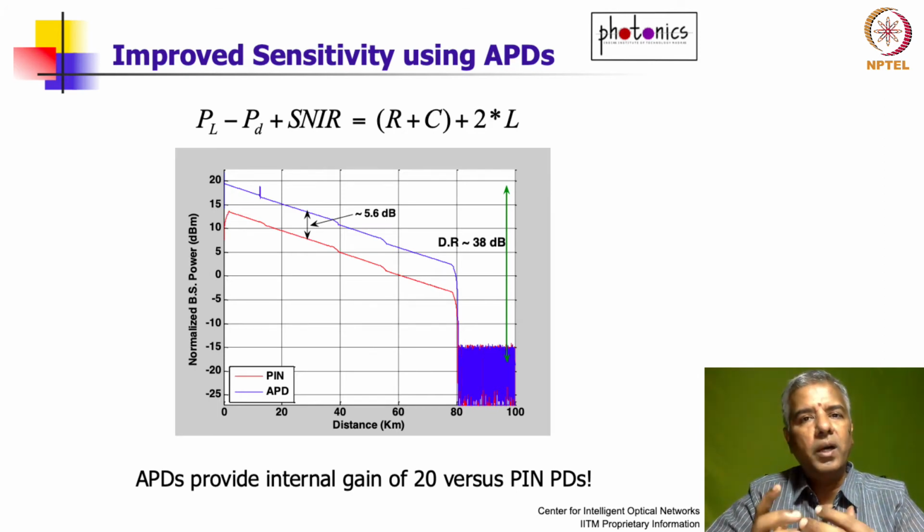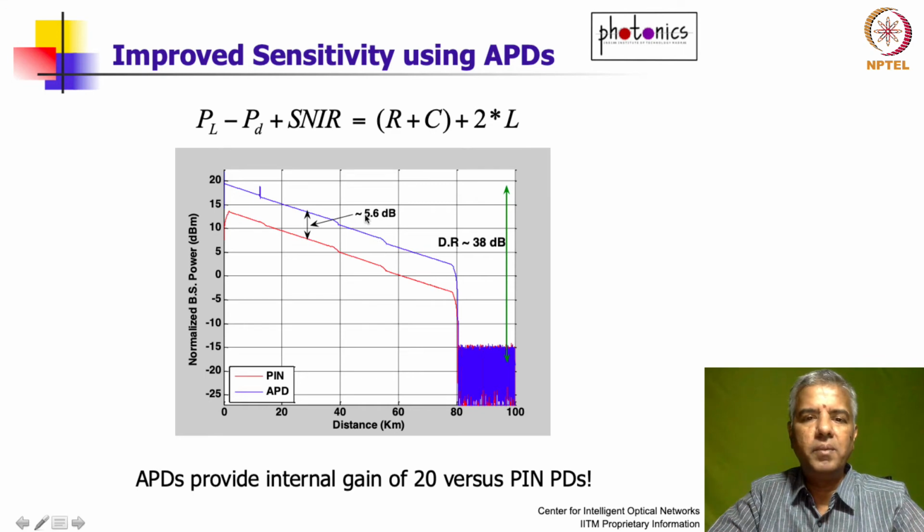Now if you go to an avalanche photodiode, you actually incur what is called shot noise, but because the shot noise to start with is very low, you can actually keep getting an avalanche gain without significantly changing the noise floor.